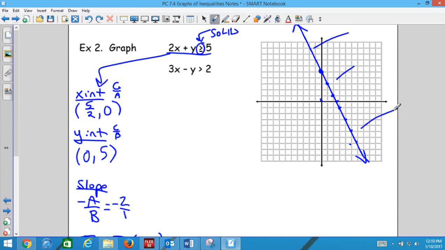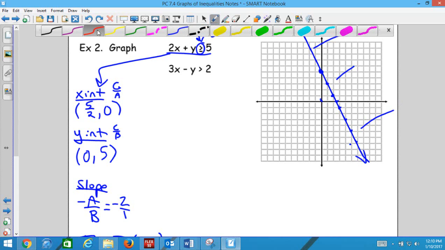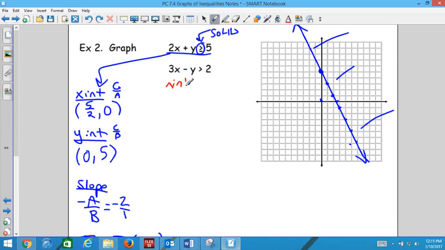Okay. I'm going to find all my other information. X-intercept. For this one, it's going to be something, 0. 2/3. Not a very fun one to graph. Probably not going to use that. My y-intercept, I make x 0, so it will be -2.